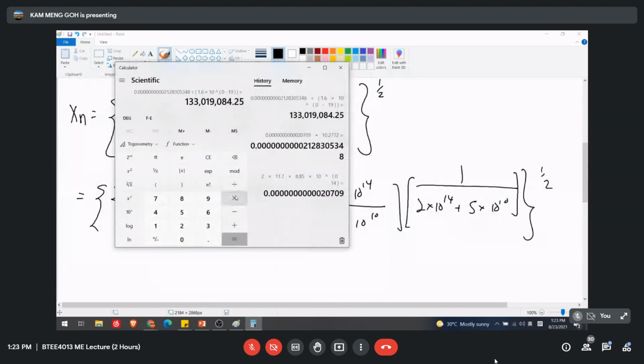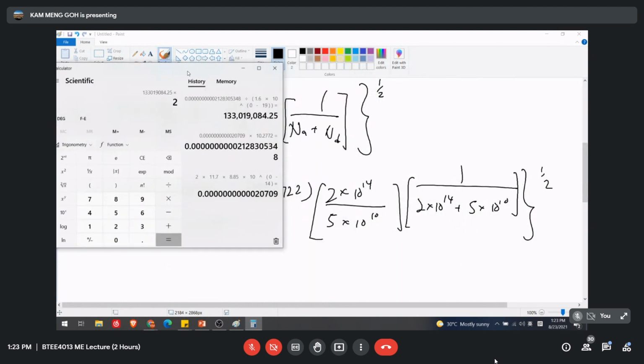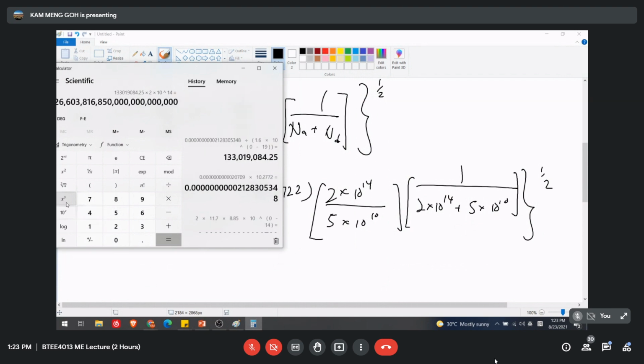And then you multiply by 2 times 10 to the power of 14, and then divided by 5 times 10 to the power of 10.